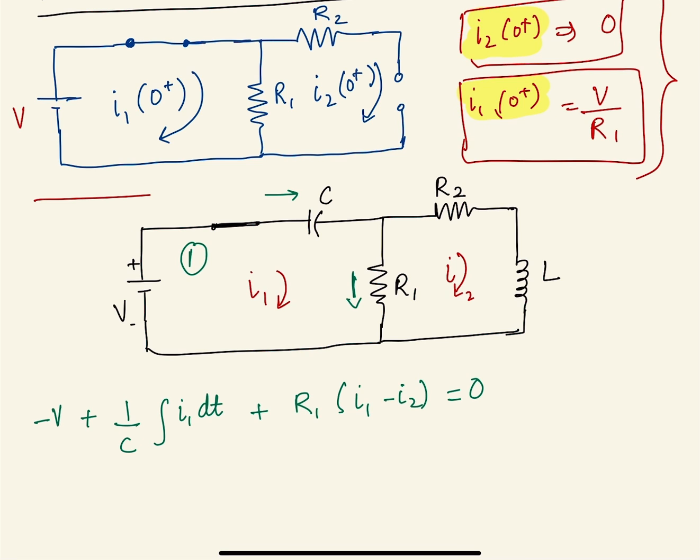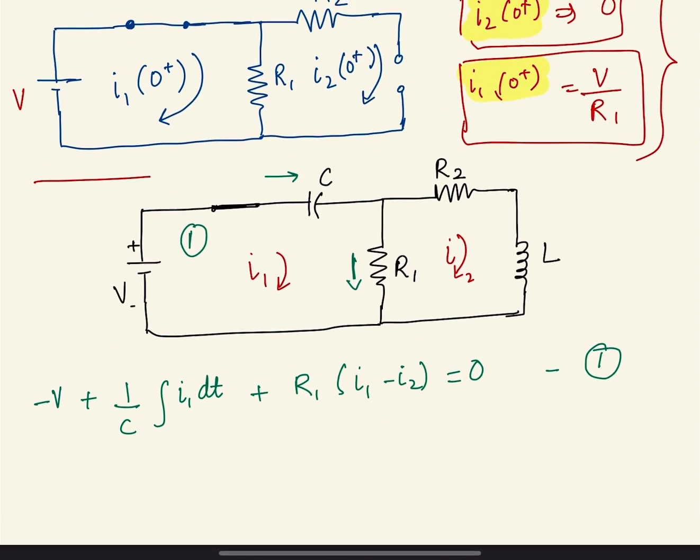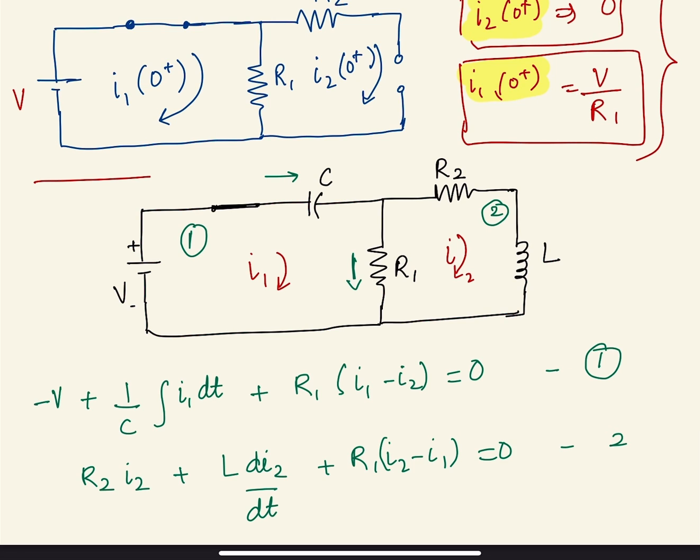This is equation number 1, the equation in loop number 1. And what about loop number 2? It is R2 times I2 plus L di2 by dt plus R1 times I2 minus I1 is equal to 0. This is equation number 2. We simply got these two equations by applying KVL in these two loops.